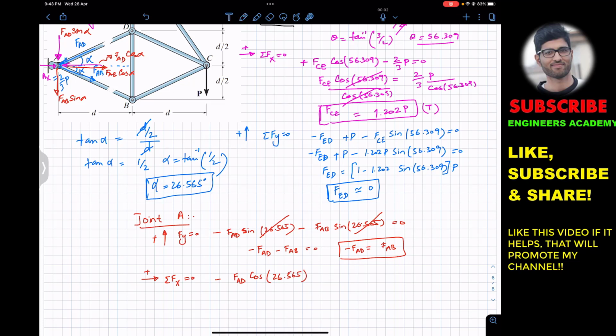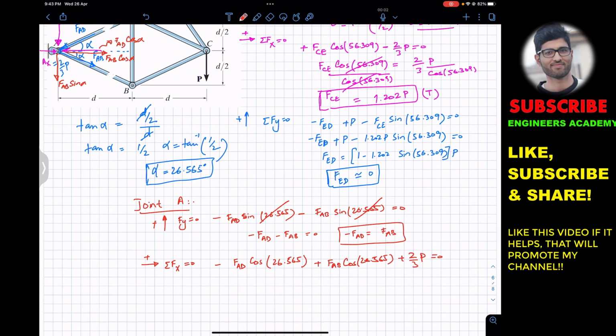Then we have this cos component, which is acting towards the right, so we will write plus FAB cos of 26.565, and then we have AX. AX is 2 divided by 3 P, and it is acting towards the right, which is the positive direction. So plus 2 divided by 3 P equals 0.